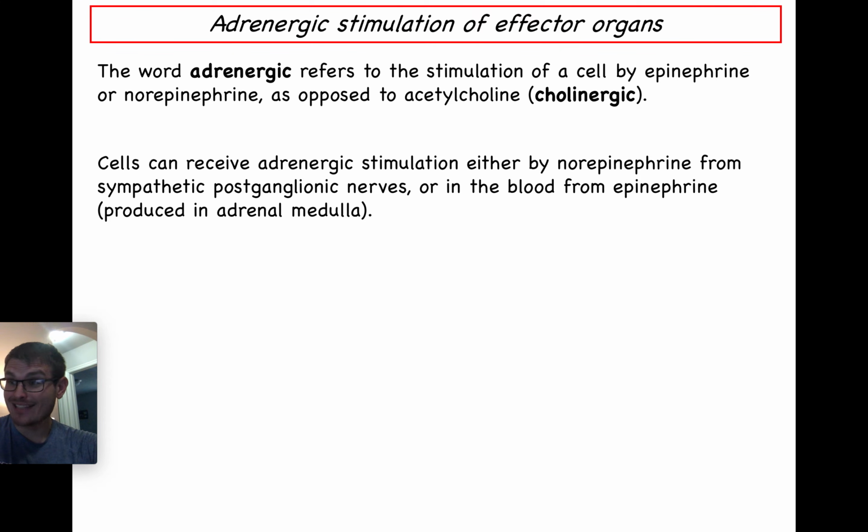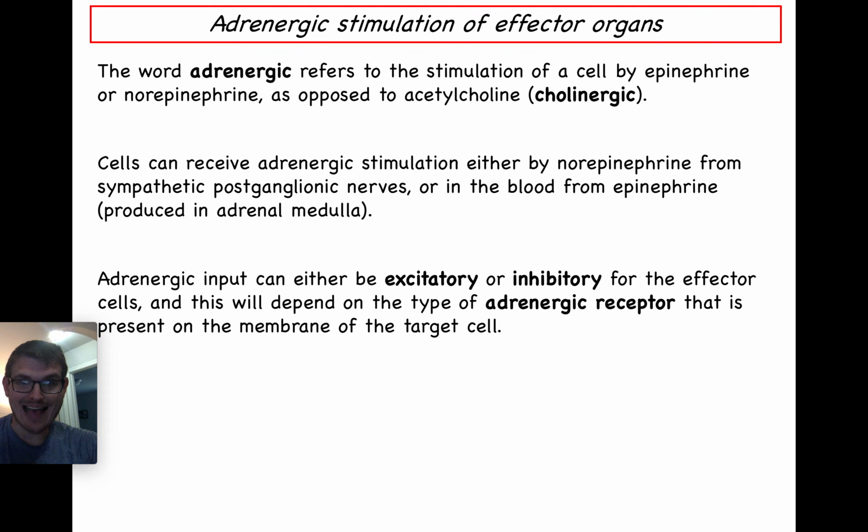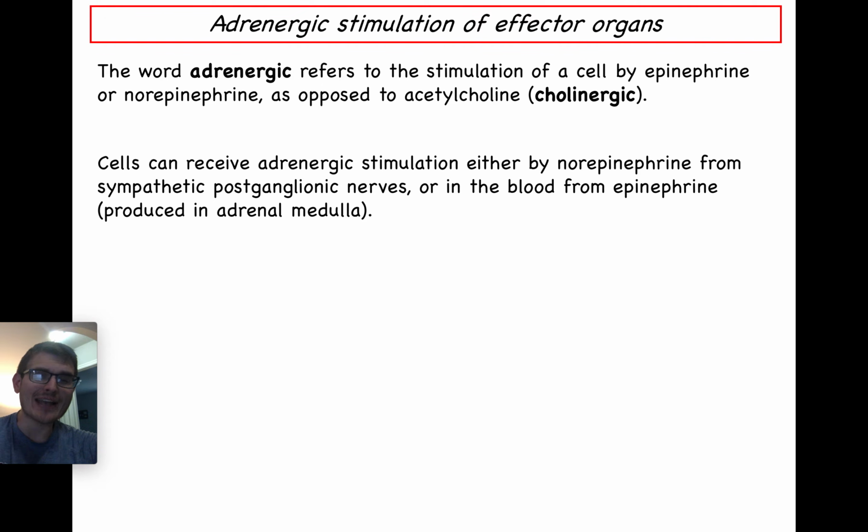So we can get stimulation of adrenergic receptors from one of two different places. We already know norepinephrine is released from sympathetic postganglionic neurons. That's one way. The other way is from epinephrine being produced by the adrenal medulla. But the key issue here is that that epinephrine is not a neurotransmitter.